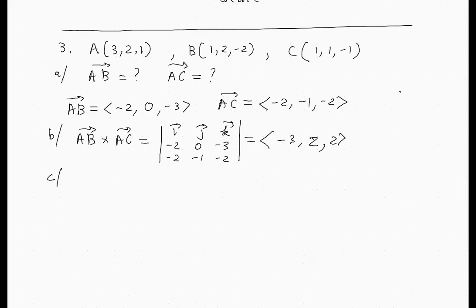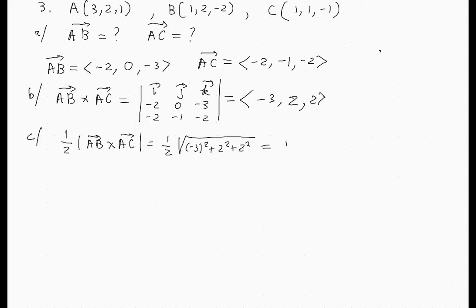So we're looking for half the magnitude of AB cross AC, which is 1/2 of the square root of negative 3 squared plus 2 squared plus 2 squared, which is 1/2 square root of 17, right? And that's the third problem.